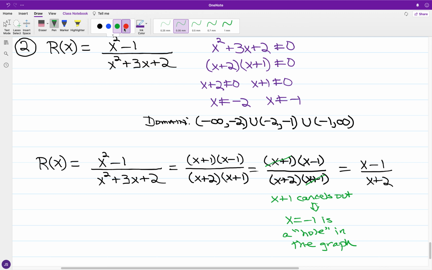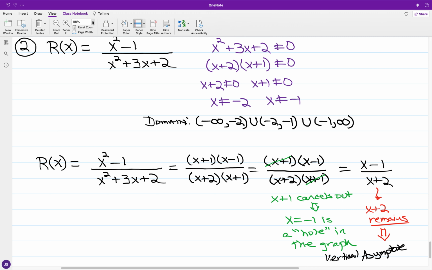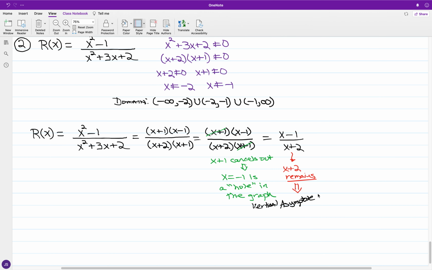And in the case of the denominator, x plus 2 remains after the reduction. So this means that since x plus 2 remains, what could have been 2 vertical asymptotes will instead be only 1 vertical asymptote. The vertical asymptote is going to be at x equal to -2.